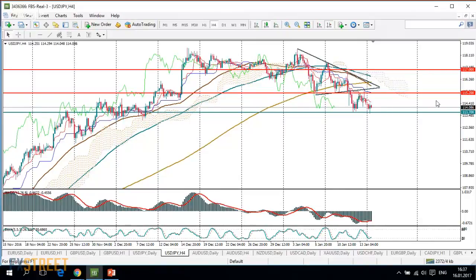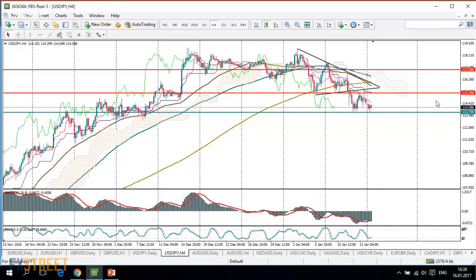Yen also strengthened as a refuge currency, and there is another factor to take into account: Japanese investors have started seasonal cash repatriation. That means more buying of the yen.